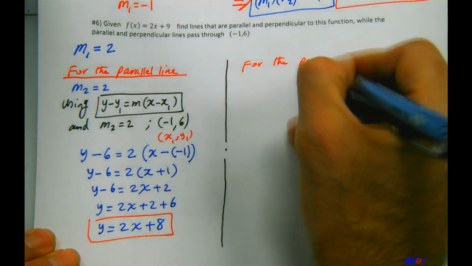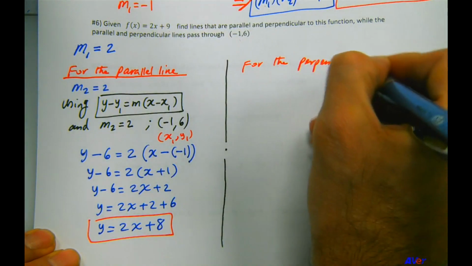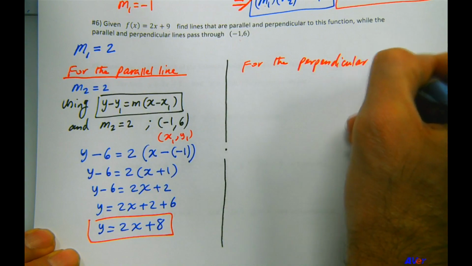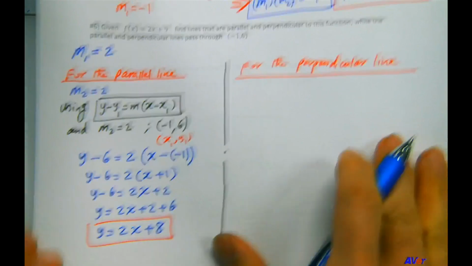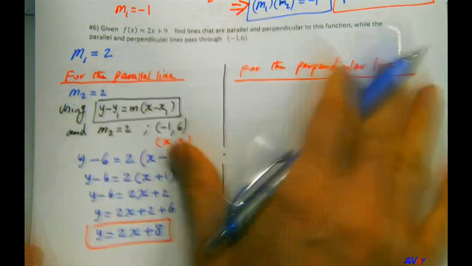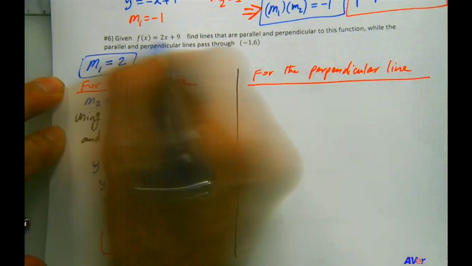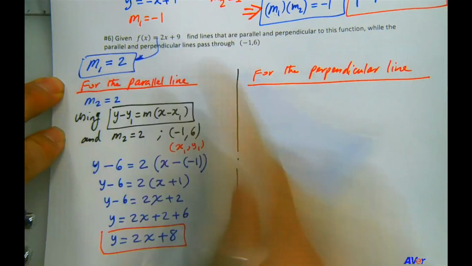For the perpendicular line, we know that that original line has that slope, right? That's the slope of that line. We know that.